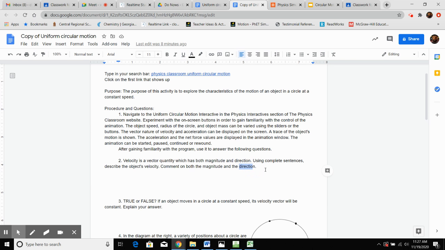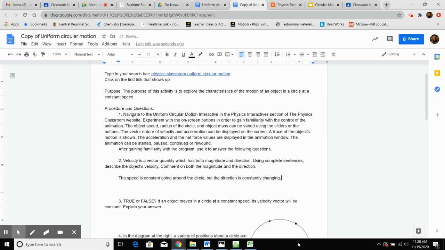It has magnitude and direction. So what you guys would pretty much type in here somewhere along these lines, using a complete sentence to describe the velocity: the speed is constant going around the circle, but the direction is constantly changing.